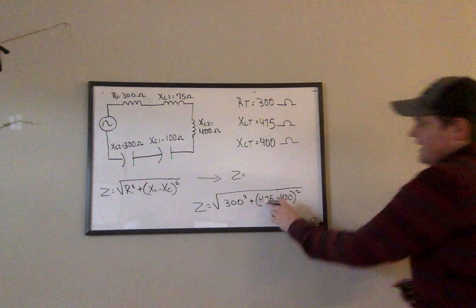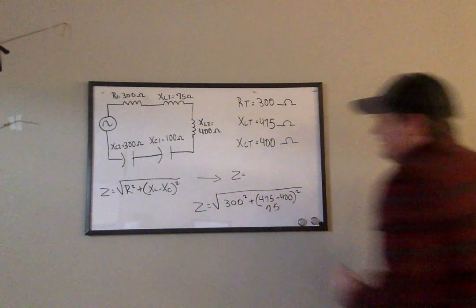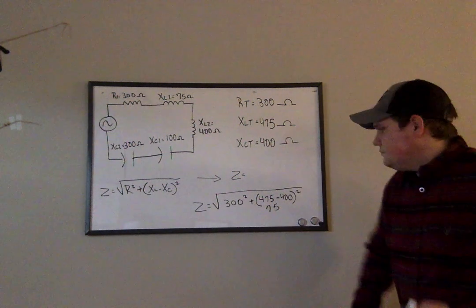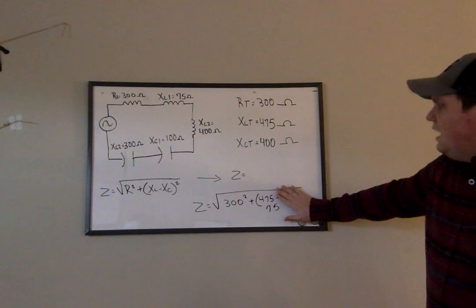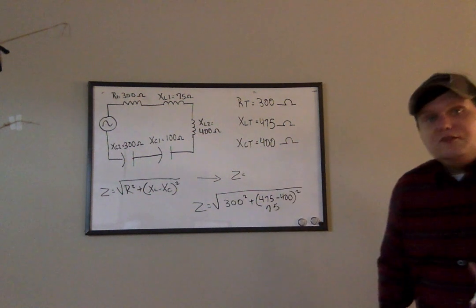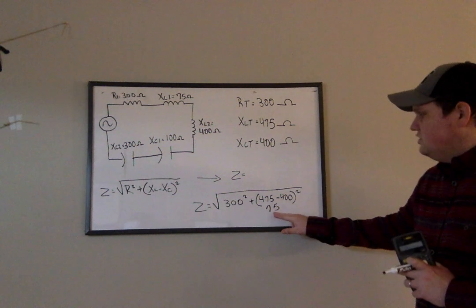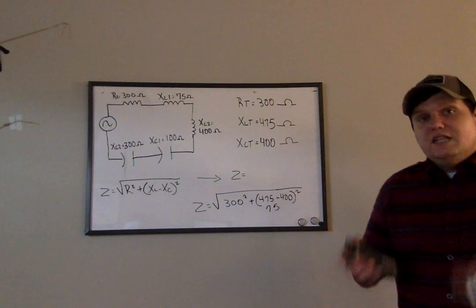So essentially, take the difference between these two, and all it really is is 75 squared there. But think about this for a moment. What if I did not have this capacitor in here? That would be 475 squared as opposed to 75 squared. So that would have given me a really huge angle.